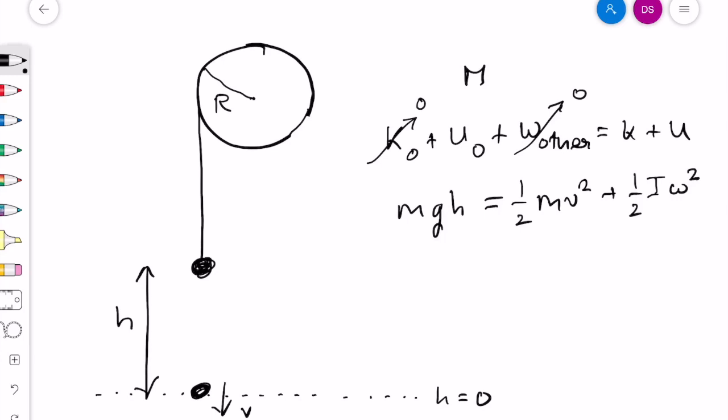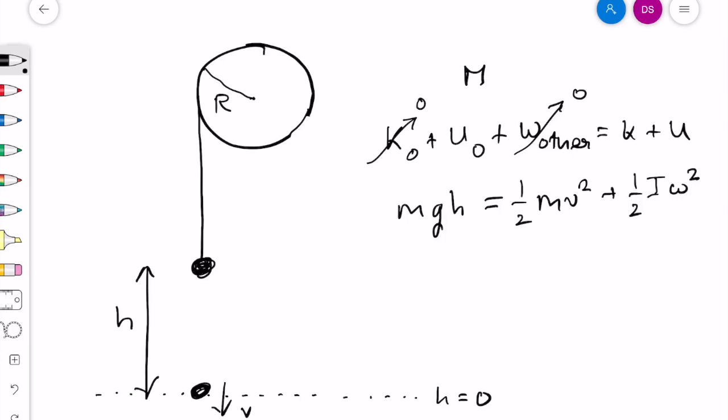Then what is the potential energy of the stone? The stone is now at height 0, and so it doesn't have a potential energy. And the potential energy of the pulley never changed, so we don't care about that. So that is our equation.